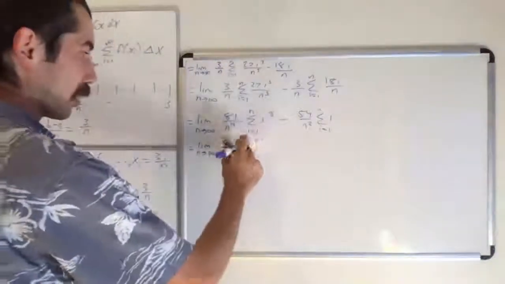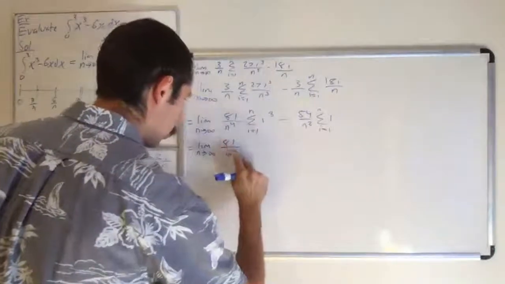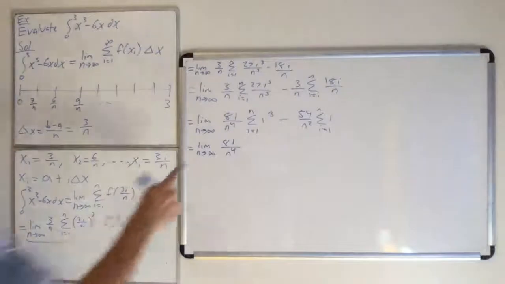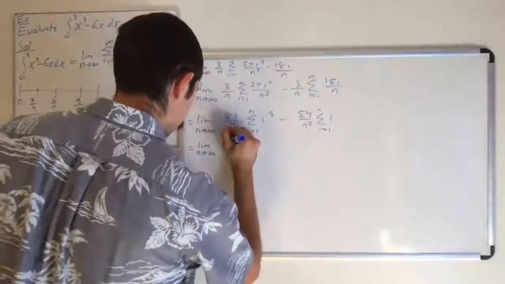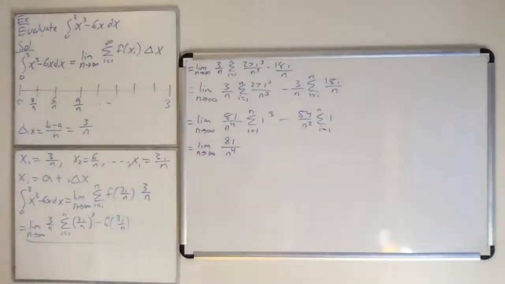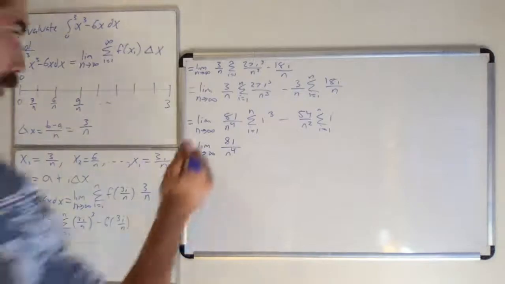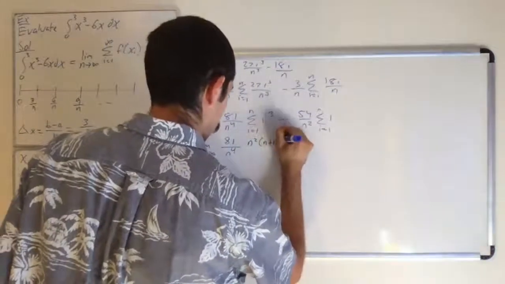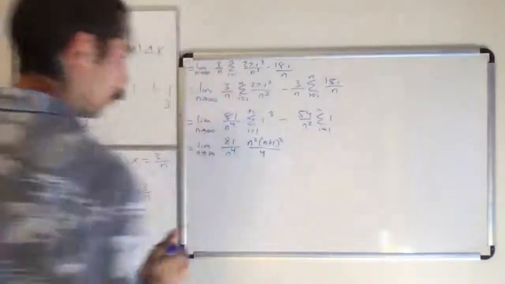Instead of having the sum from i equals 1 to n of i to the third, we could use the identity and replace that with n squared times n plus 1 squared over 4.